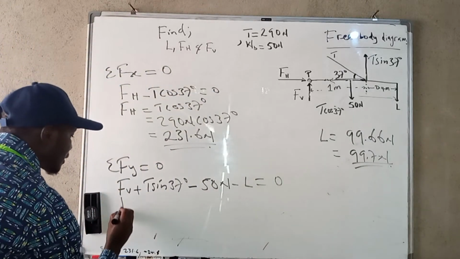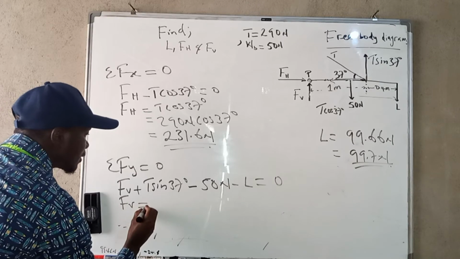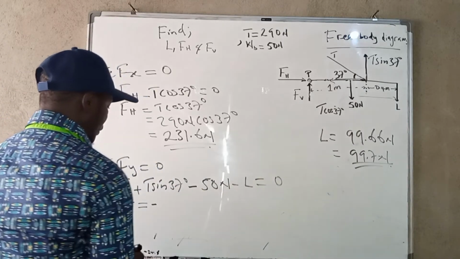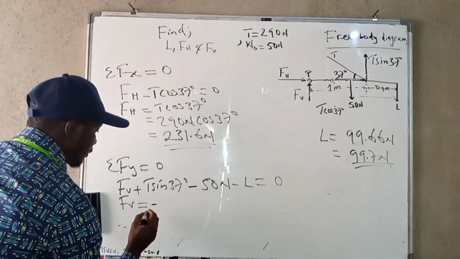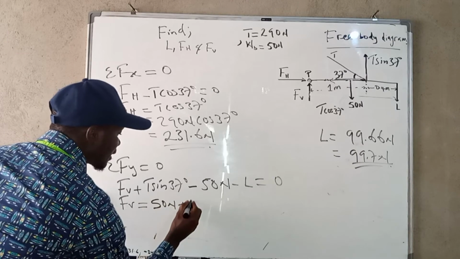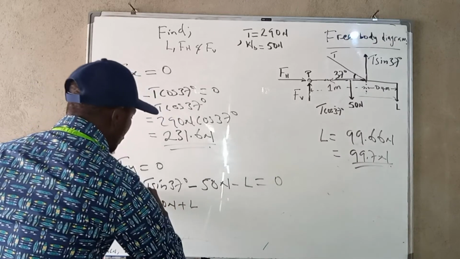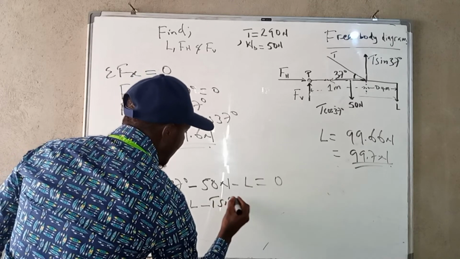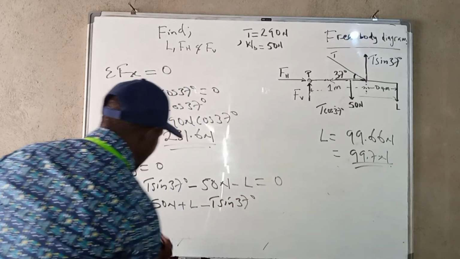So if we make FV the subject, we're going to have FV is equal to, okay, when this and this cross the equal sign, we're going to have 50 newtons plus L. Then this one will be negative, minus T sine 37 degrees.